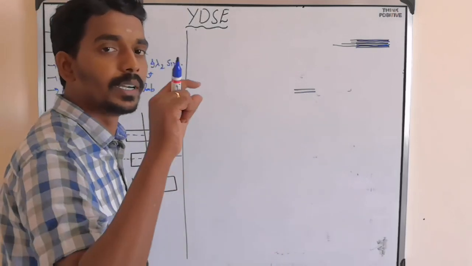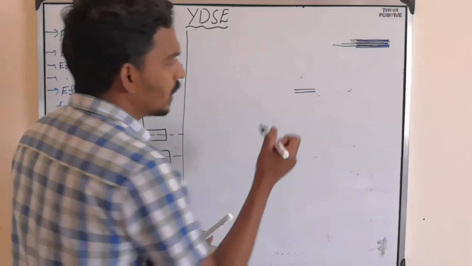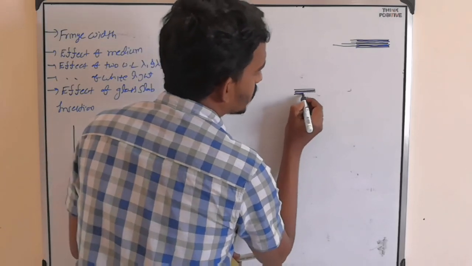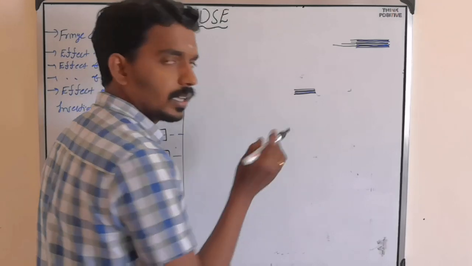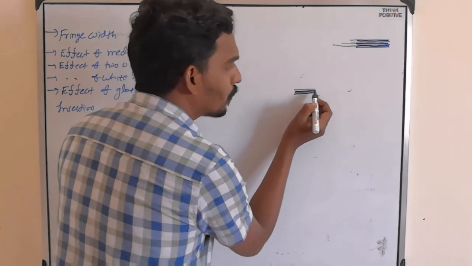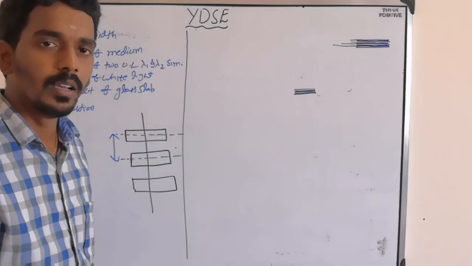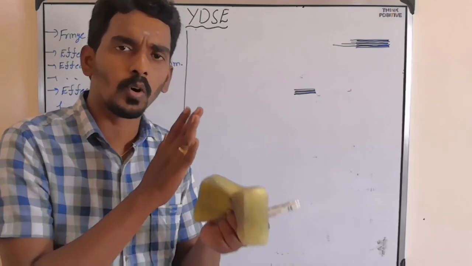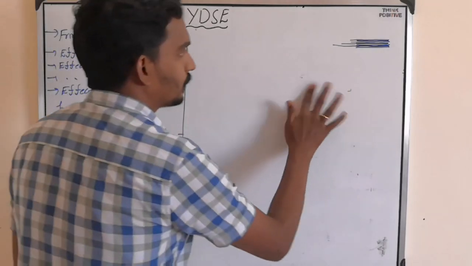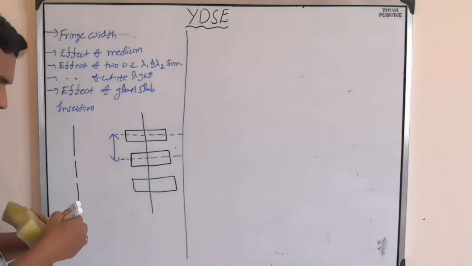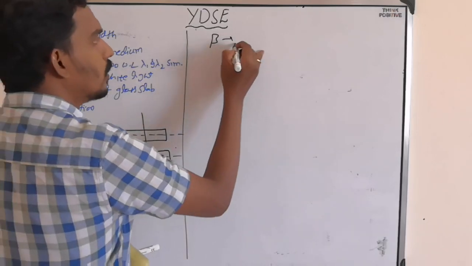That is called fringe width, maybe dark fringe width or bright fringe width. Similarly, between two dark fringes, the distance is filled with bright light, so that width of bright light is called fringe width. Both are equal. The widths of bright and dark fringes are equal, and that we call fringe width, beta.